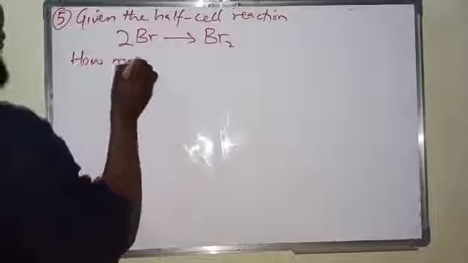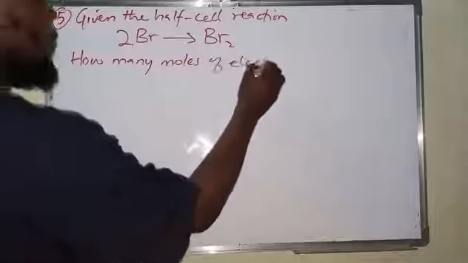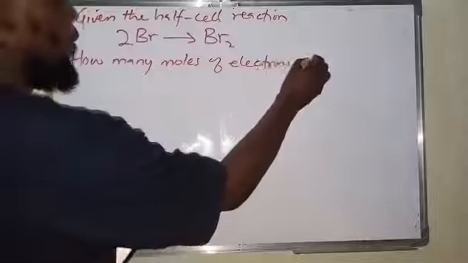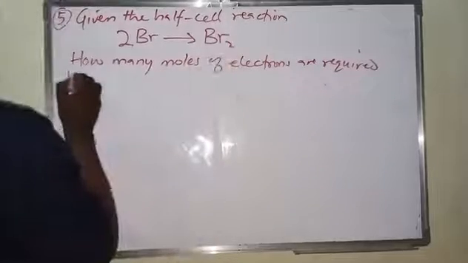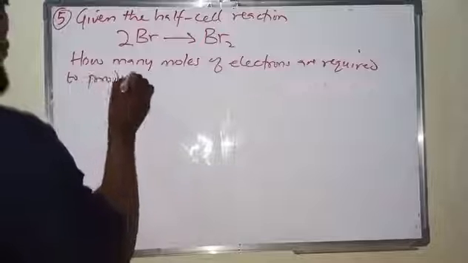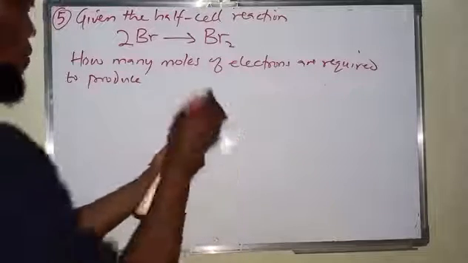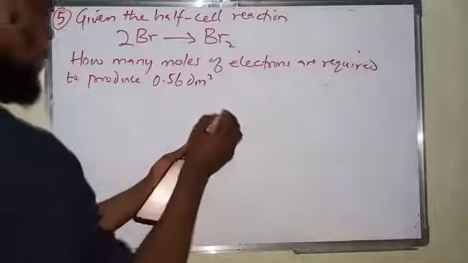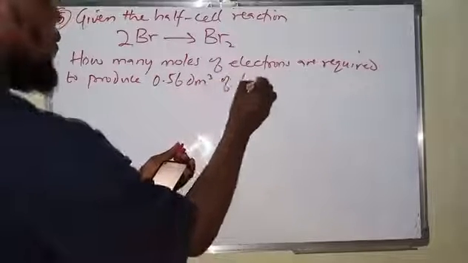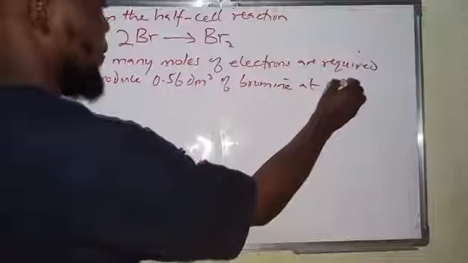How many moles of electrons are required to produce 0.5 cm cube of bromine at STP?